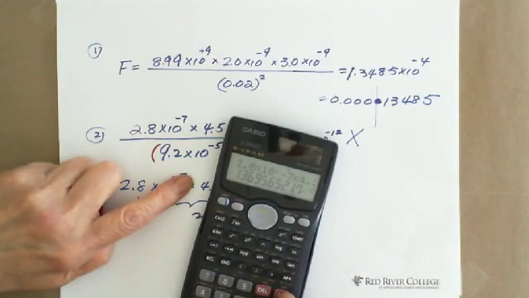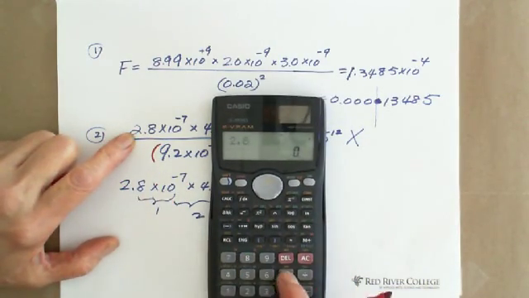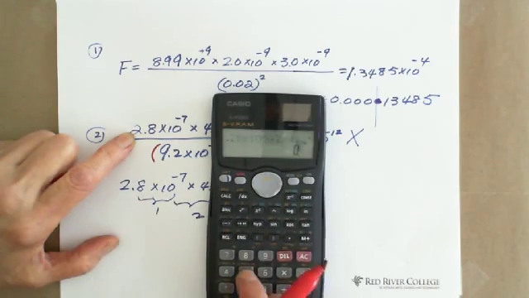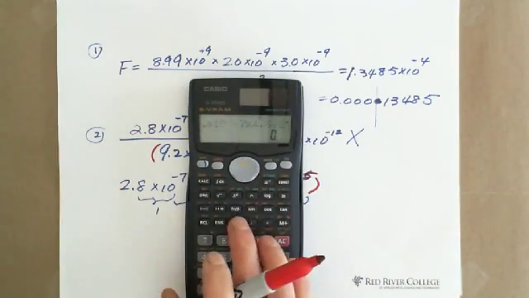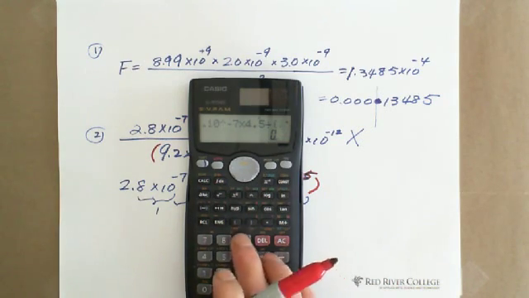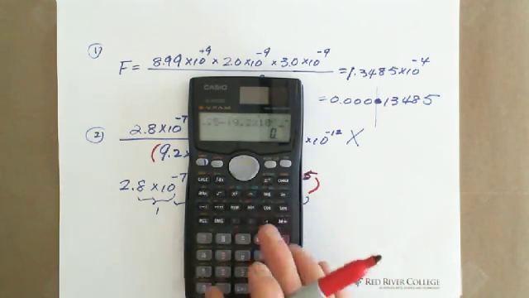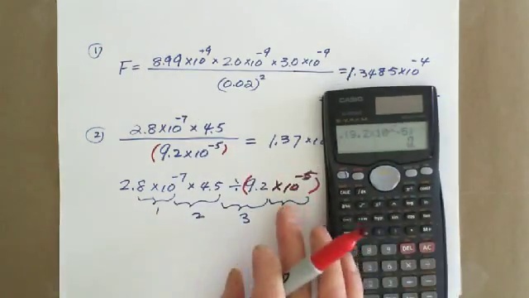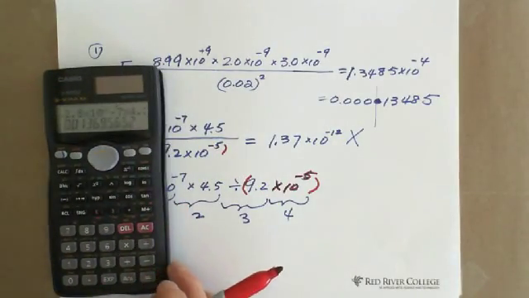In this case, you do 2.8 times 10 to the exponent negative 7, multiply 4.5, divided by bracket, 9.2 times 10 to the exponent negative 5, close bracket. That's what you got wrong, right answer.